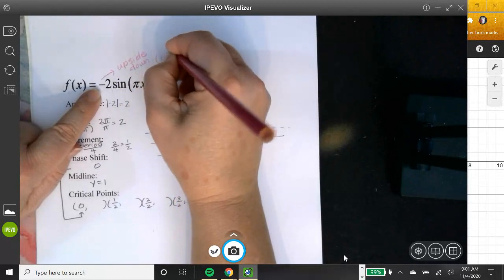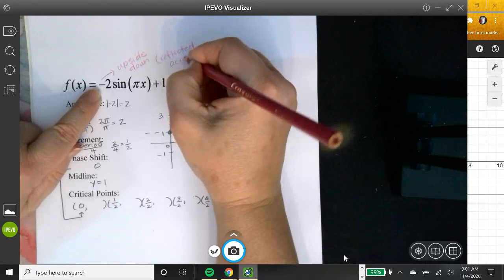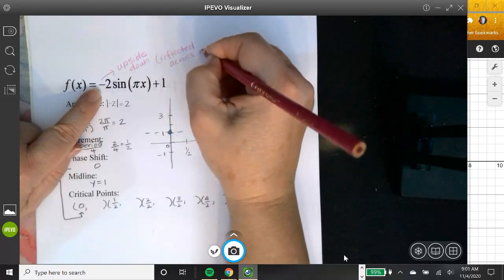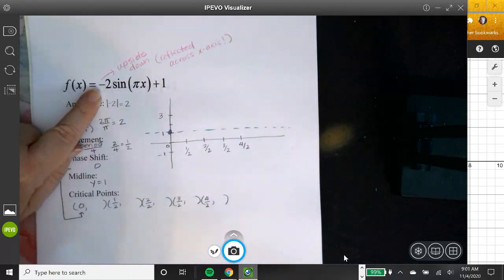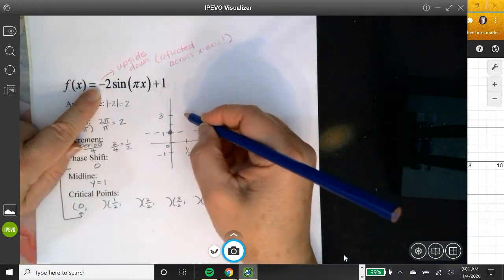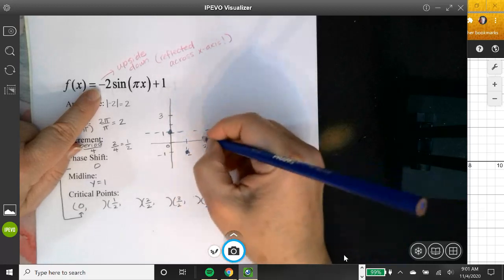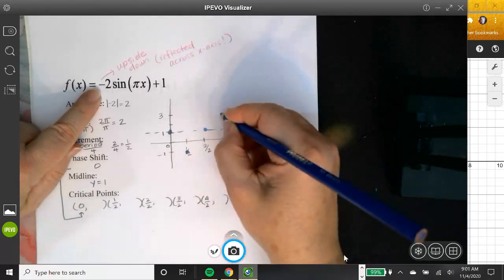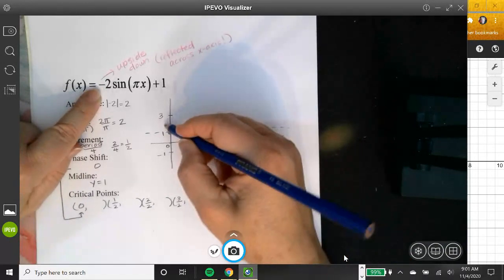Yes, it's reflected across the x-axis. All right. So that means instead of going up in amplitude, we're going to go down in amplitude. So we're going to end up down here, back to the midline, and then up to the maximum, and then back to the midline. Okay, so here we go.